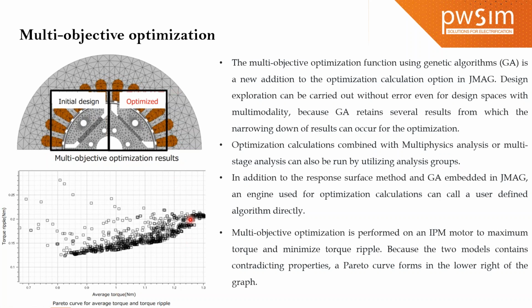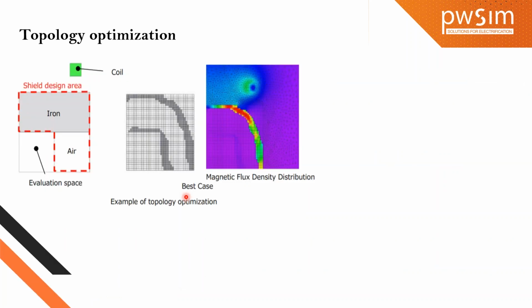We can select the best operating point in a Pareto curve of the many cases generated during the calculation. In this way, we can optimize various topologies and various design parameters by using this JMAG optimization function.